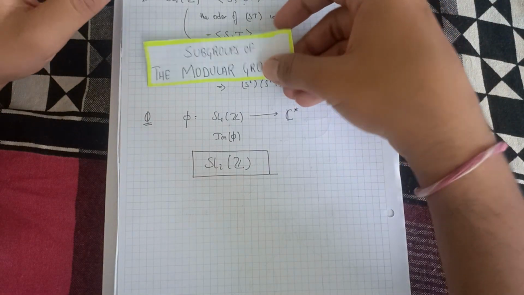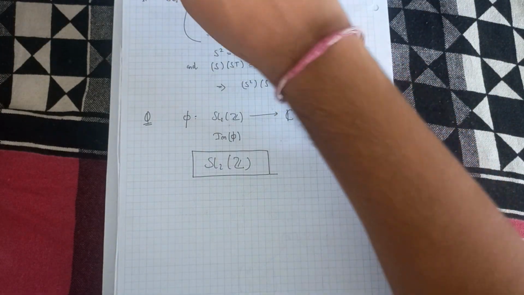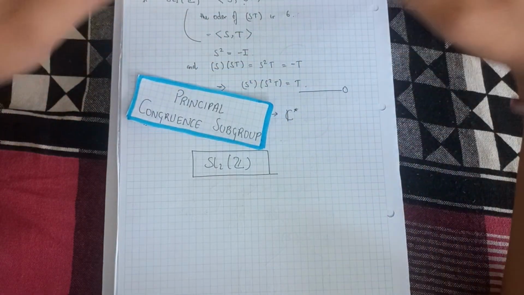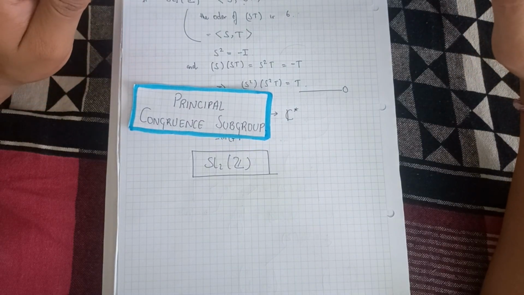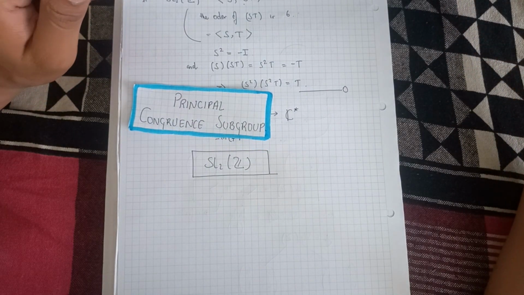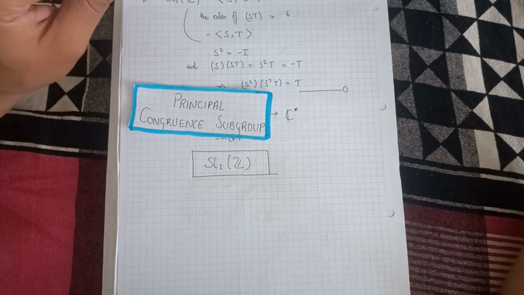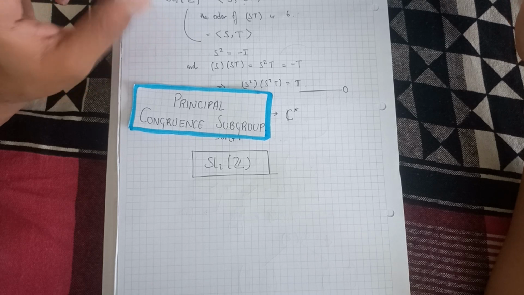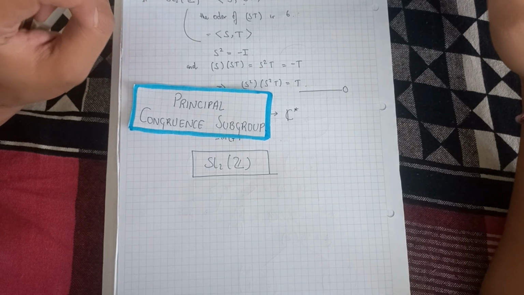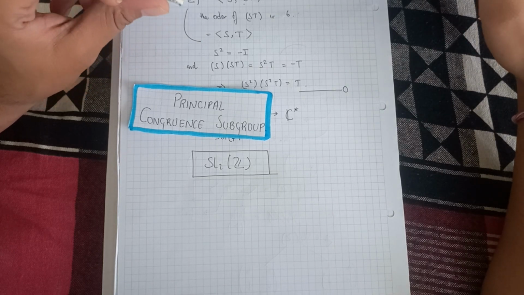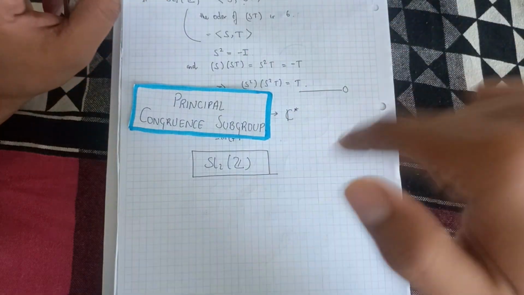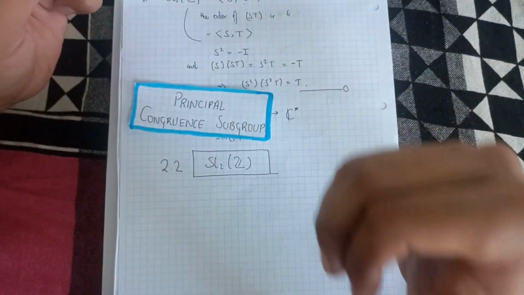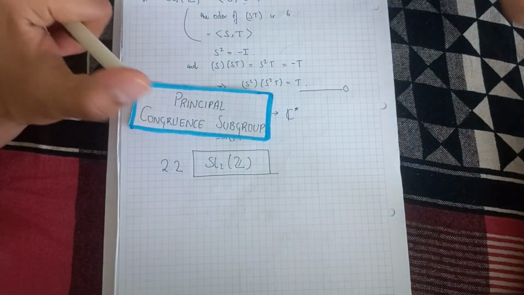So I will state the definition of the principal congruence subgroup, which is denoted by gamma N, and we will see later what is the level and what is the congruence subgroup. This section, 2.2, is pretty long, so I will cover some part in this video, and we'll continue the further part in the next video.